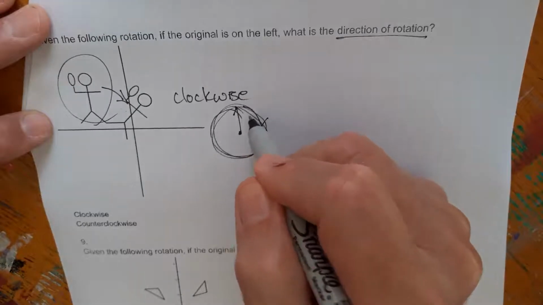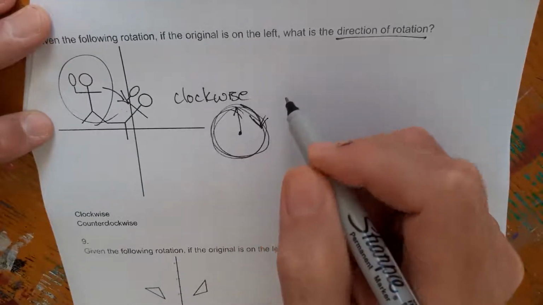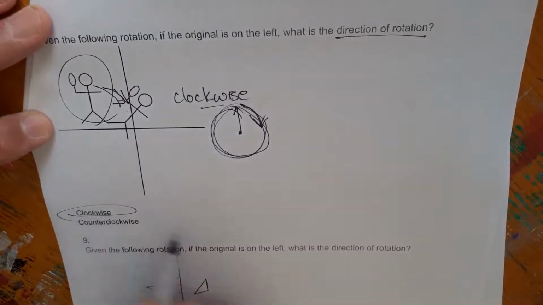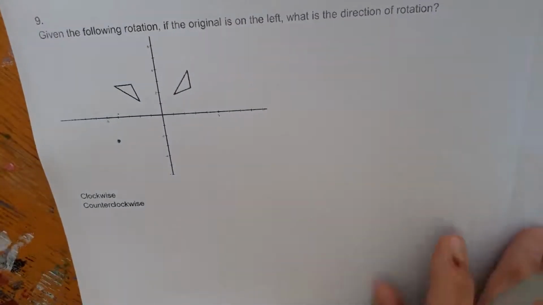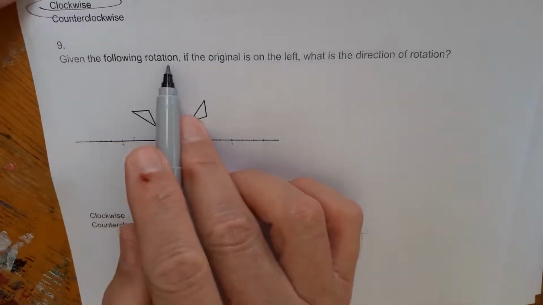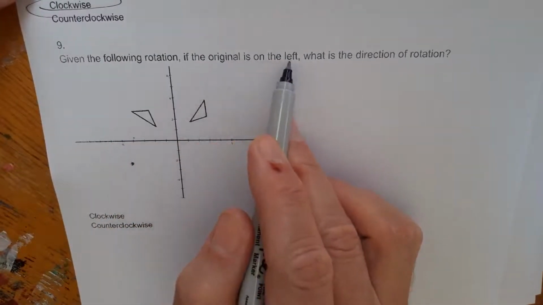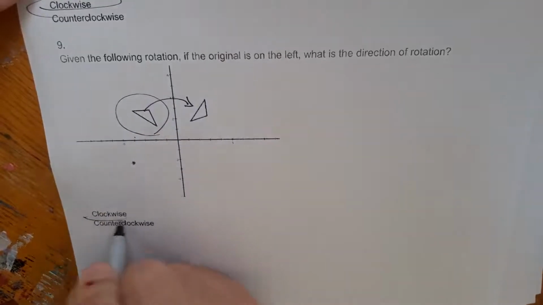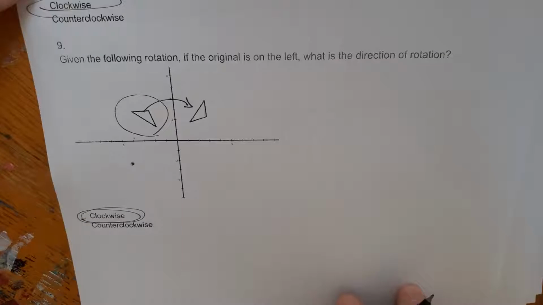So the hands move to the right, that's clockwise, and this is moving to the right, therefore it's a clockwise motion. We still use clockwise and counterclockwise though, as far as I know. Given the following rotation, if the original is on the left, what is the direction of rotation? This one's going this way, this is clockwise also, right? Moving to the right.